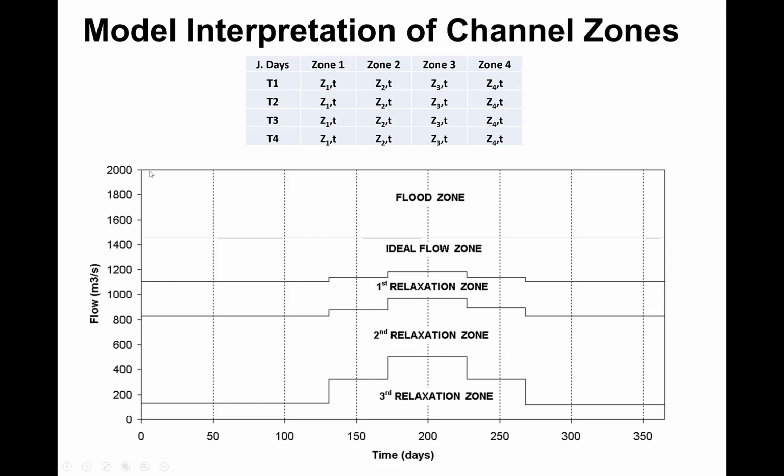If you, for example, look at this zone number 1, here is the first value. It will be around 2,000 for the top zone. For the same first time step, which is the first point in time, a 0 coordinate here, you would see something above 1,400 and then 1,100 and then just above. They would remain unchanged until the second time T2, which is around day 135.